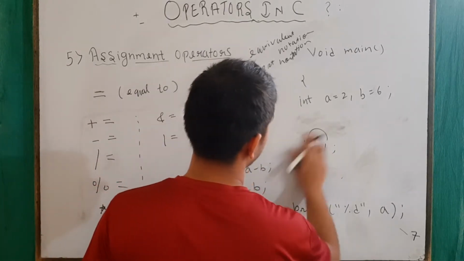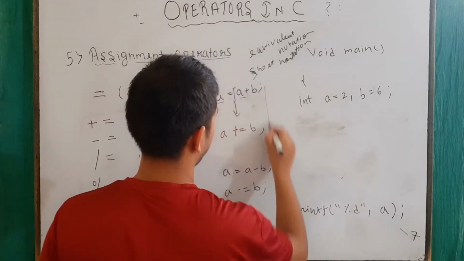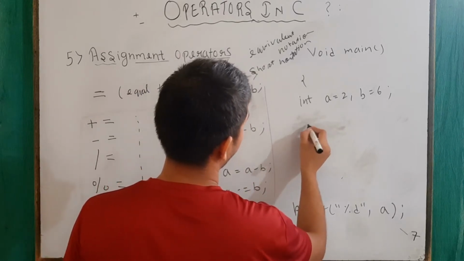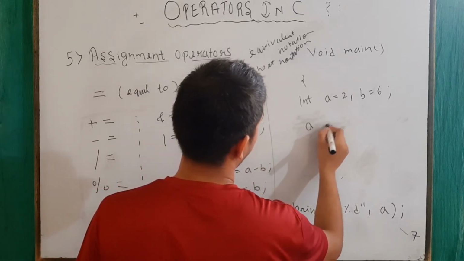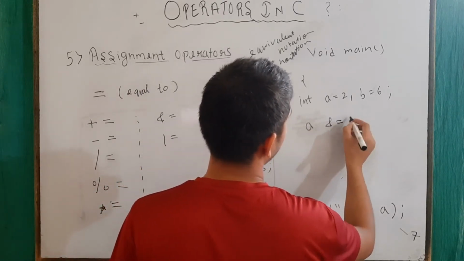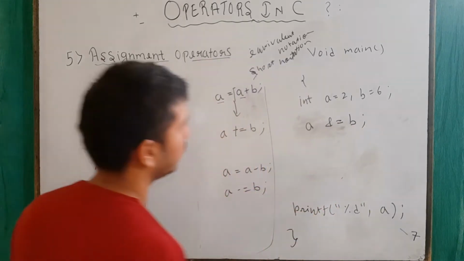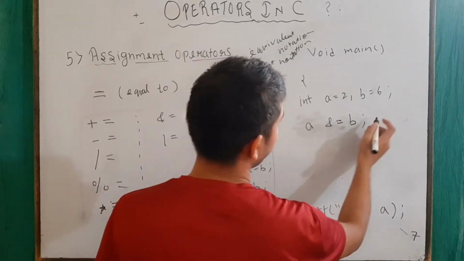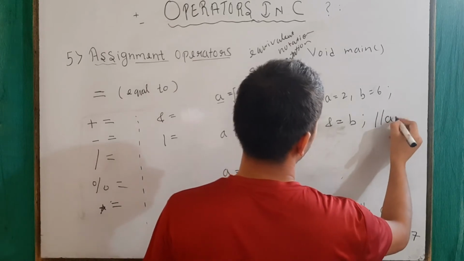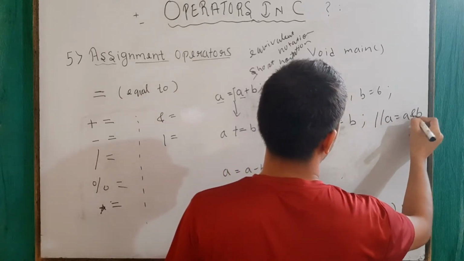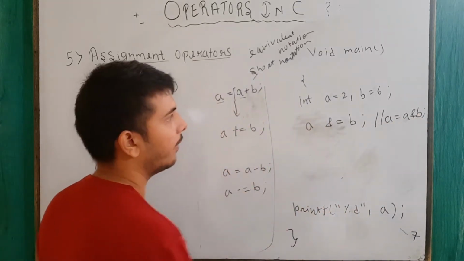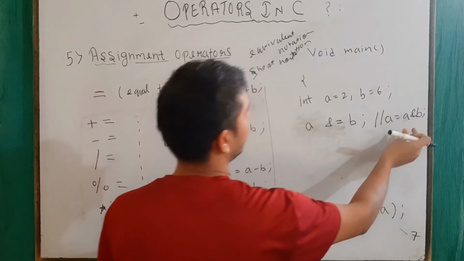Let's say I am writing here a and equals b. Okay, this is written. Now this will be equivalent to a equals a and b. Now I will find a and b. This is a bitwise operator.